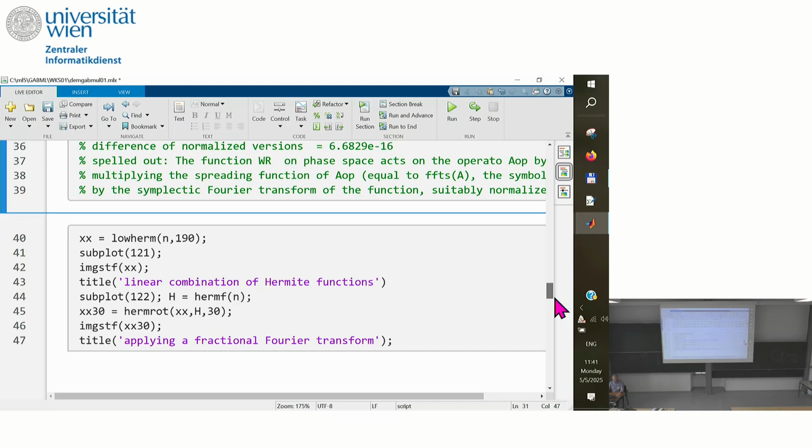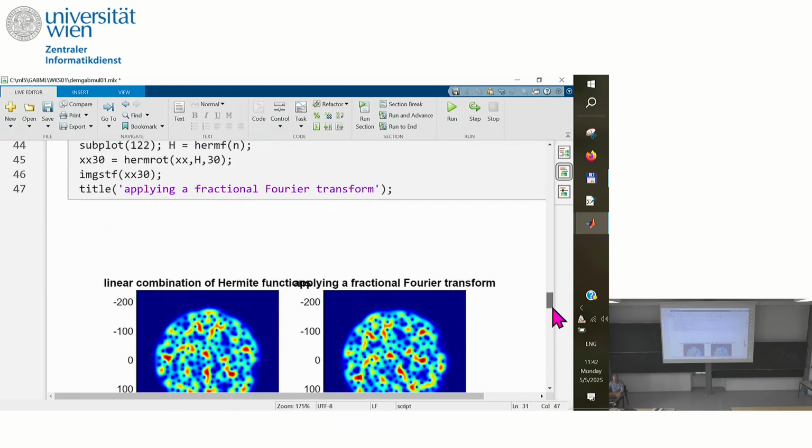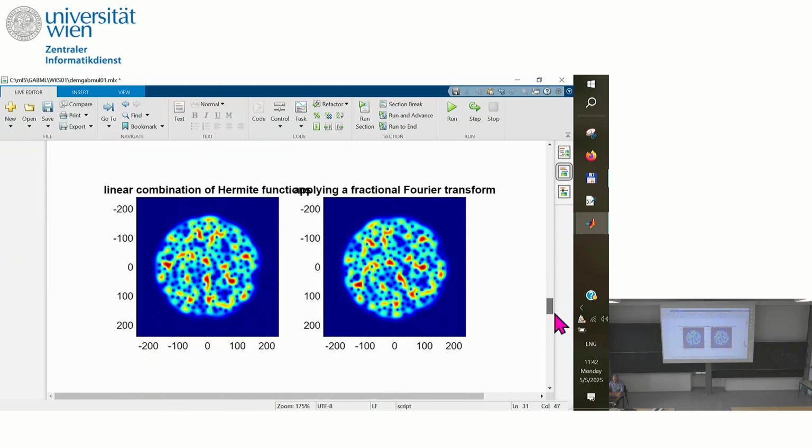And I want to demonstrate what I can do with a fractional Fourier transform, which is a rotation, which is more or less multiplying these Hermite coefficients with phase factors, which are pure frequencies. That's all what I'm doing. And I'm showing you the picture at the spectrogram level. So just look at this a little bit, and then you will see I have rotated by 30 degrees using this, and it's a perfect reconstruction.